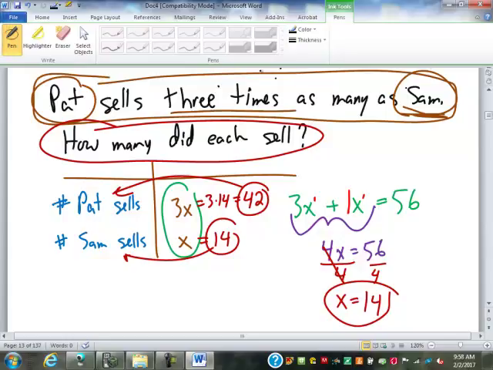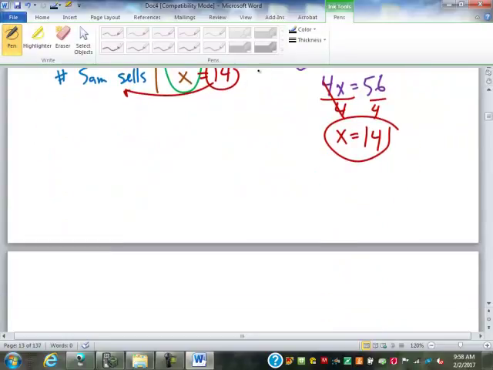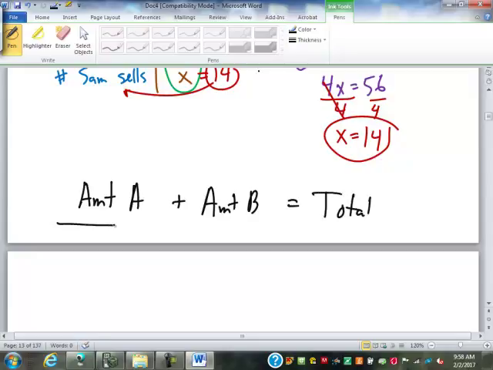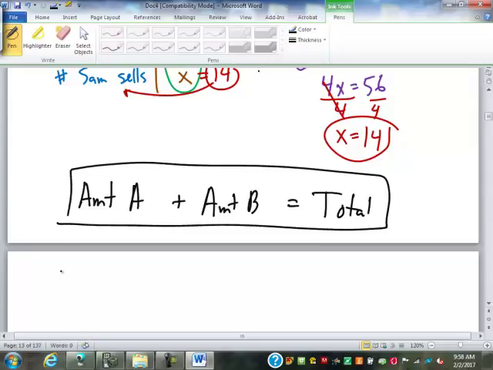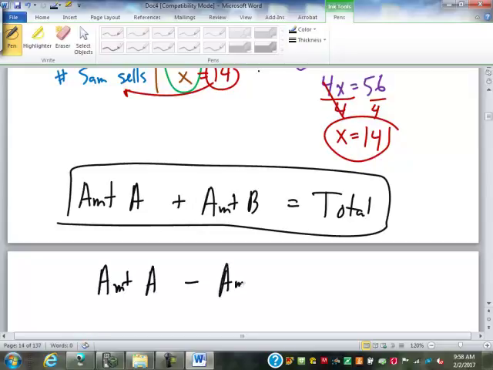This is an example of a type of question where we have one amount, we'll call it amount A, plus another amount, we'll call it amount B, add up to give us a total amount. That's one type of question that we can deal with. We have other questions where amount A minus amount B might give us a difference.